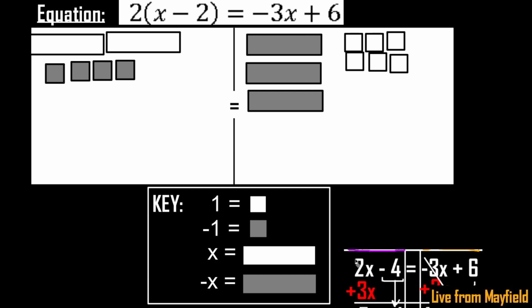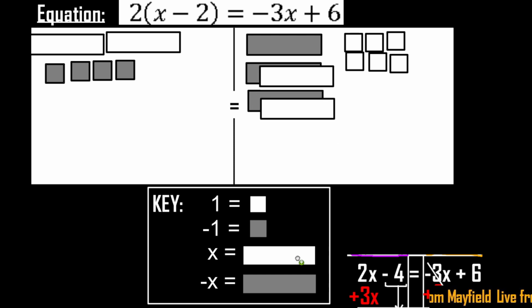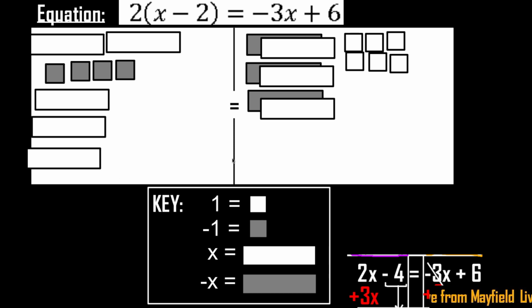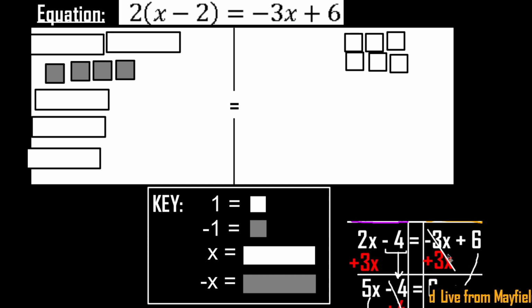So we're going to add 3 x's to both sides. So we're going to add 3 positive x's to both sides. Again, that creates that 0 pair on the right side. And we're mainly doing that to be able to cancel it out, which is what we're showing. And so what do we have? Well, we have 5 positive x's on the left and 4 negative 1's, and then we have equals 6.